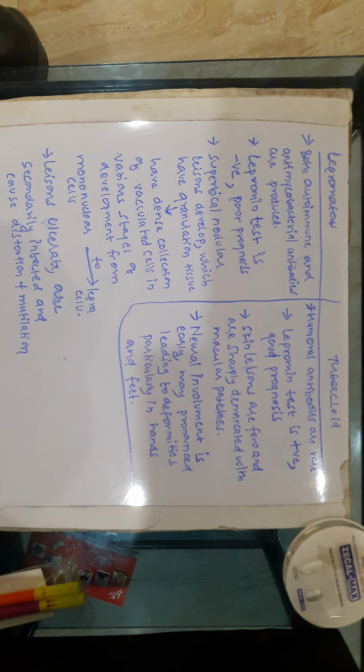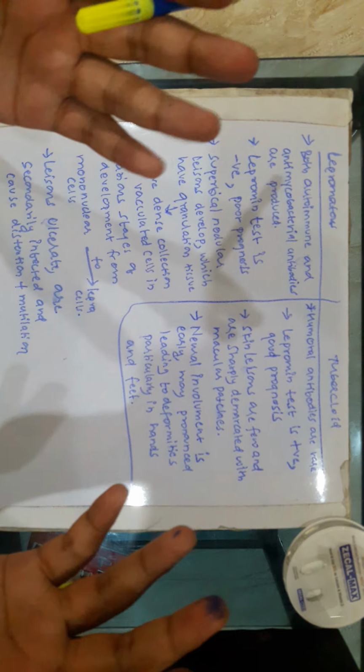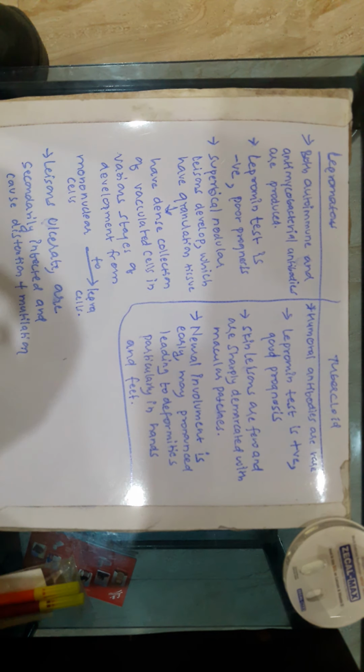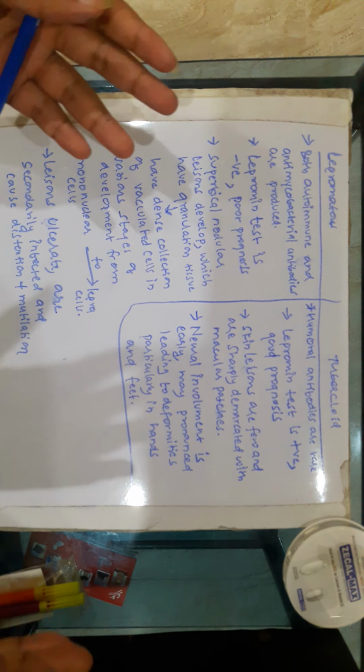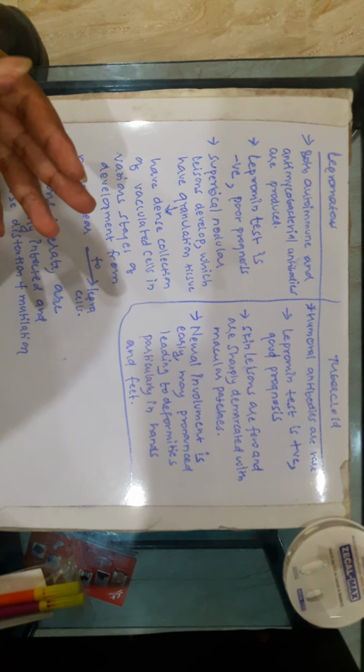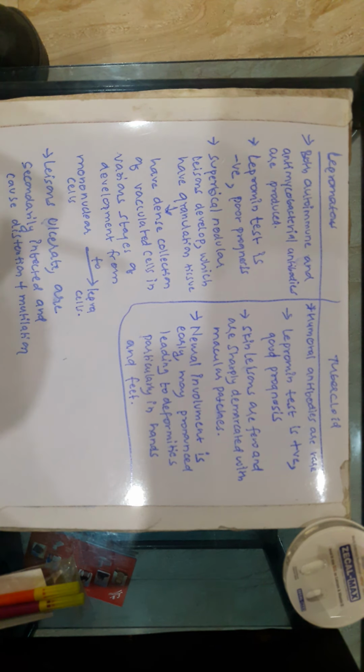these lepra bacilli will invade the mucosa of the nose, mouth and upper respiratory tract of the infected patient, and a large number of bacilli are shed into the secretions of the nose and mouth.